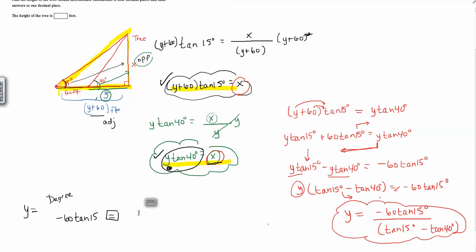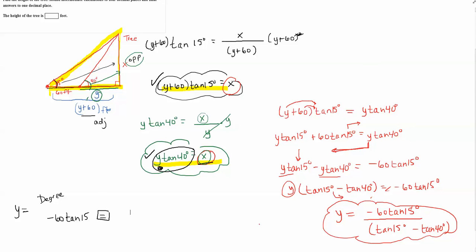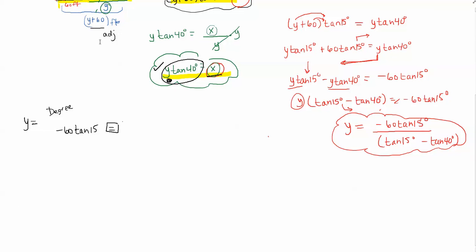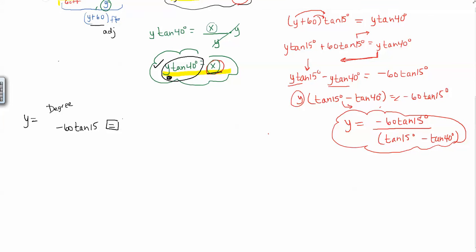So next, we want to continue with the fraction. Okay, so leave that number on your screen and you're going to divide. Now I'm going to divide the negative 60 tangent of 15 by that group. Now, you need to use your parentheses on the calculator, okay? So I have this number on my screen, I leave it there, and I do divided by parentheses tangent 15 minus tangent 40, and close your parentheses and press equals.